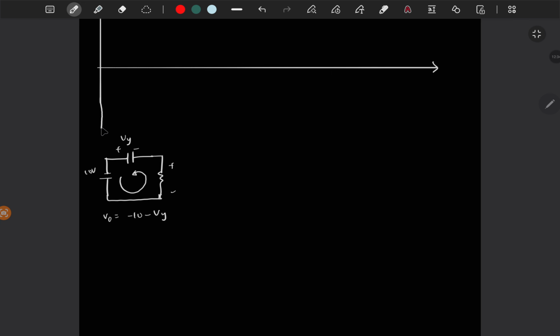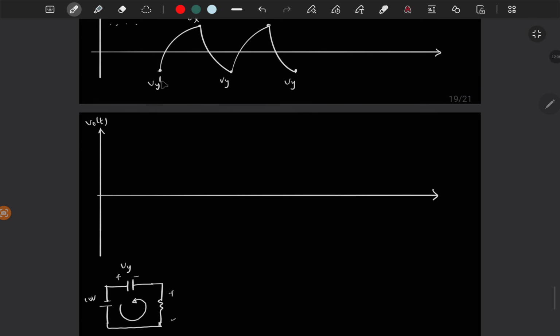So let's say it is here. So at this point I have minus 10 plus Vy, and then immediately the capacitor starts charging. It means the input voltage should have been changed to plus 10 volt.